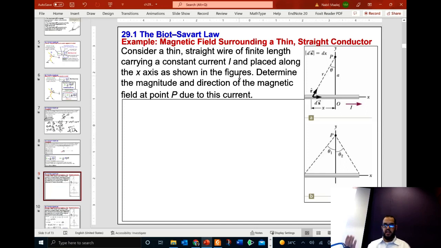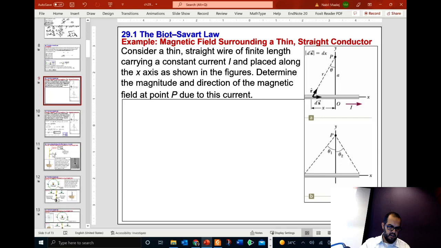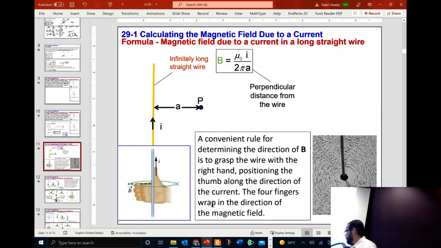To determine the direction, we use the thumb: point the current along the thumb, and swing with the four fingers of the hand, and that will indicate the direction of the magnetic field. So let me show you how we can do that. For example, here, this is a current flowing through this wire.